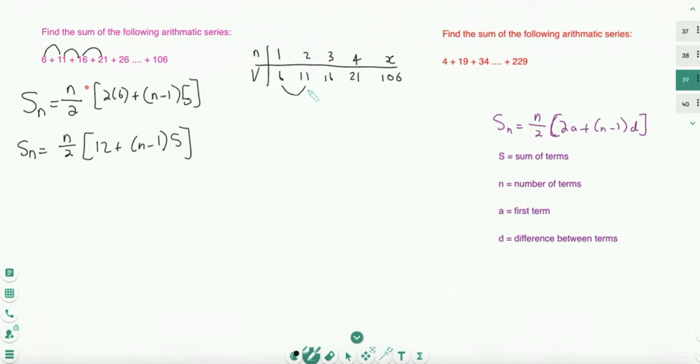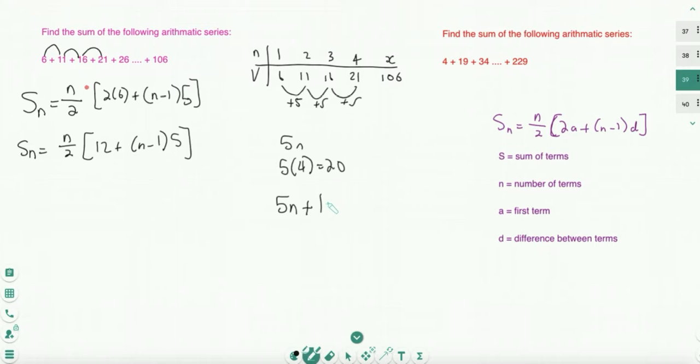So the jump is plus 5 every time, so it's definitely 5n. You can replace n with any number. Let's replace n with 4. So 5 times 4 is 20, but I want 21, so we're going to add 1. So our answer is going to be 5n plus 1. All right, then I want to find out which term gives us 106.